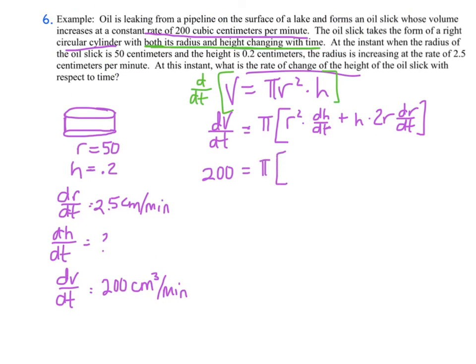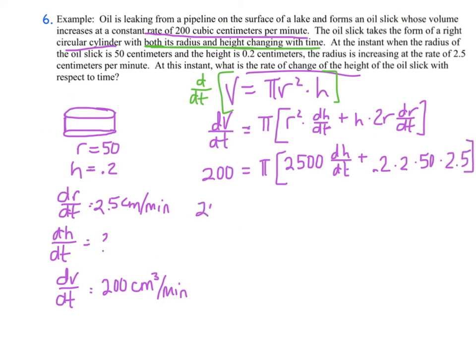I know my radius is 50, so 50 squared is 2500. dh/dt is what I'm solving for, so I leave that unknown. Plus my height is 0.2 times 2 times the radius, 50, and then dr/dt is 2.5.